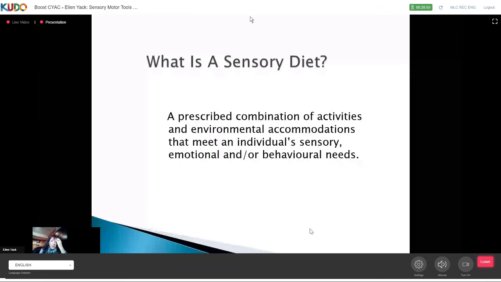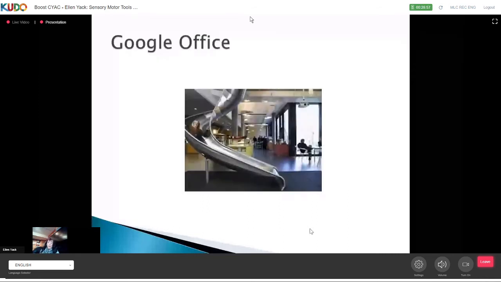The concept of the sensory diet has gained recognition, certainly over the more than 40 years of my practice, because when we would recommend sensory motor tools or accommodations in the environment, people would look at us as if we're crazy.